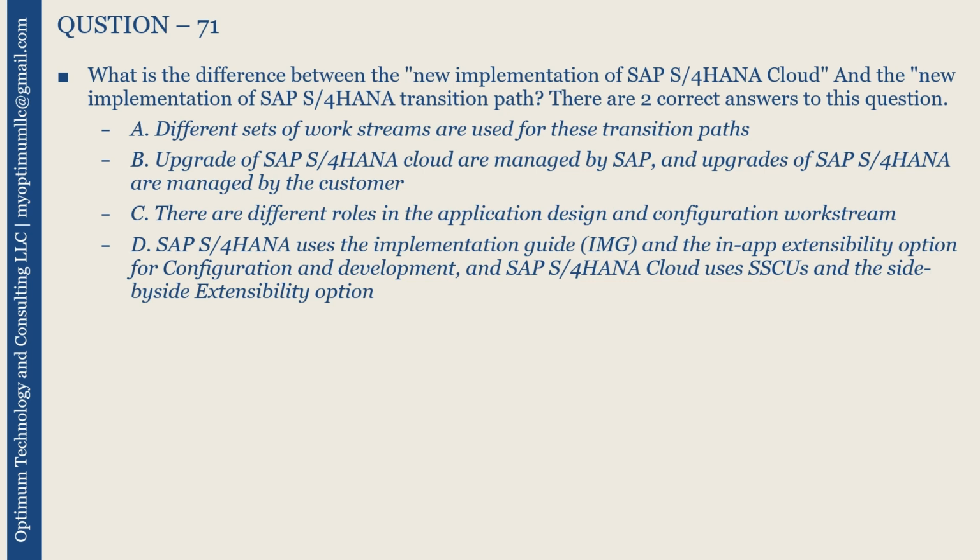C. There are different roles in the application design and configuration work stream. D. SAP S/4HANA uses the implementation guide, IMG, and the in-app extensibility option for configuration and development, and SAP S/4HANA Cloud uses SSCUs and the side-by-side extensibility option.